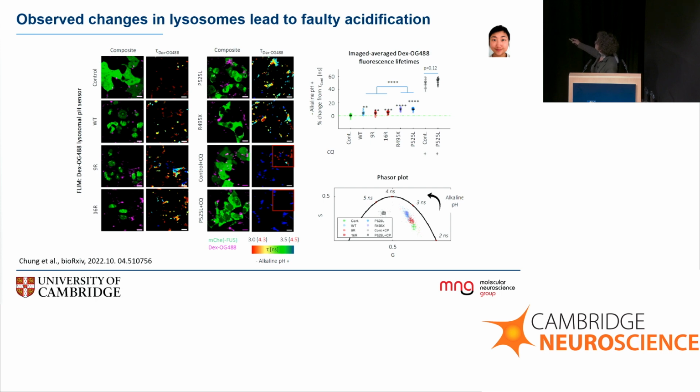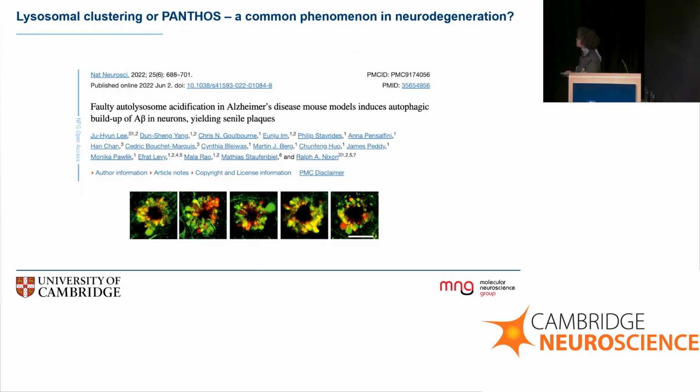And what you can see here, if you look at the pH here, and this is correlated with the change in the fluorescence lifetime, we can see that again in the P525L FUS mutant, there is a significant increase in the pH. Obviously, the highest increase is seen with chloroquine treatment, which is known to increase the pH in the lysosomes. And we have seen this before.